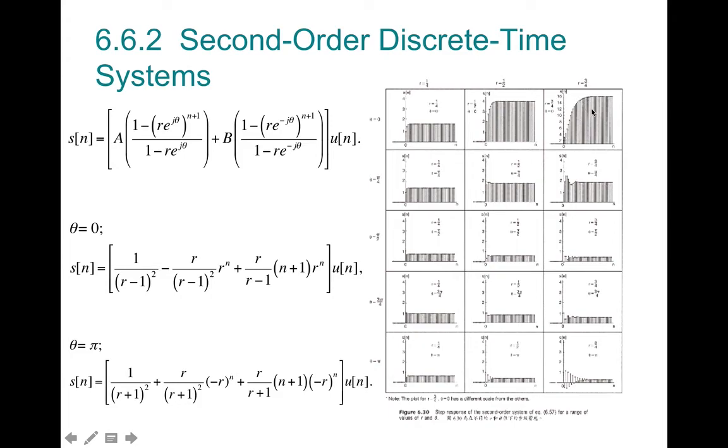So you can also expect, in terms of the frequency domain property, that r will affect the gain. When theta equals pi, if you remember, the impulse response is oscillating, so the positive and negative parts will cancel out somehow. So the step response is not going to increase too much, as shown over here.